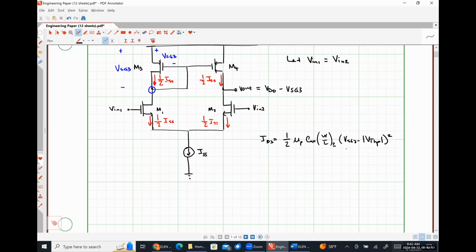And we would rearrange this and just solve for that VSG3 based on what half of our tail current is. And now we know what our DC output voltage is without a terrifying amount of math like we had to do with our other system.